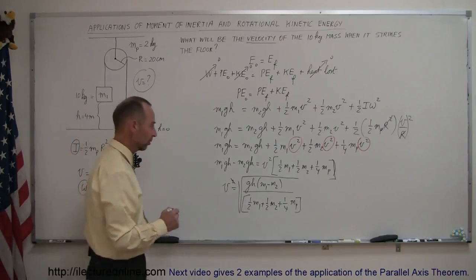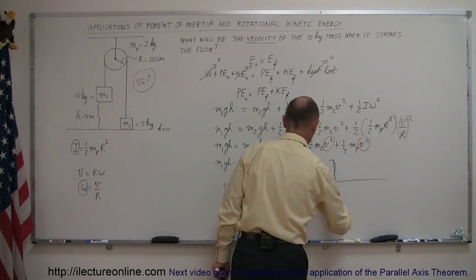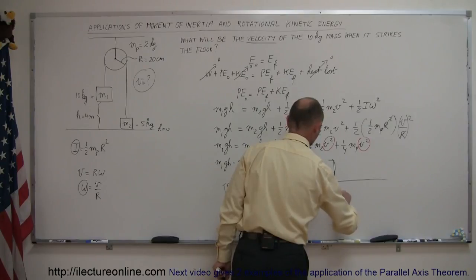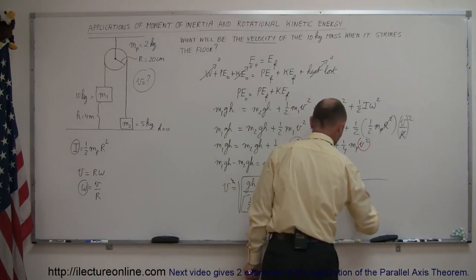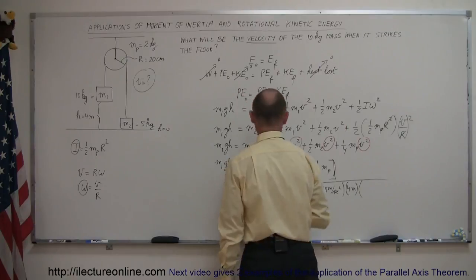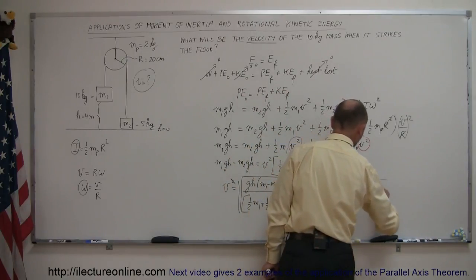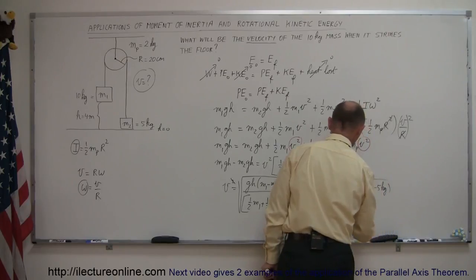All right, plugging in the numbers. This is equal to the square root of g, which is 9.8 meters per second squared, multiply times h, and it started at a height of 4 meters, and multiply times the difference between the two masses, 10 kilograms minus 5 kilograms. Okay, that's the numerator.